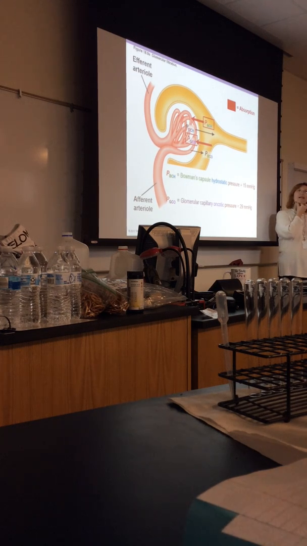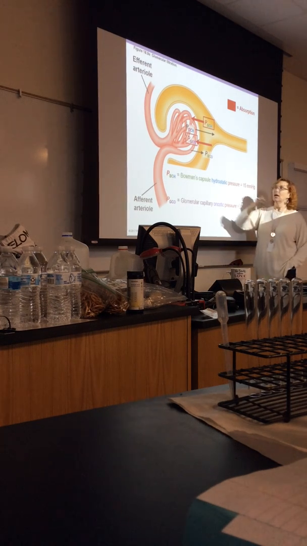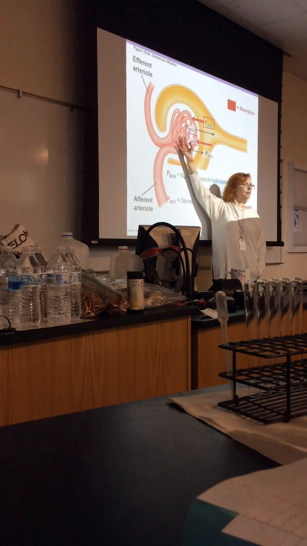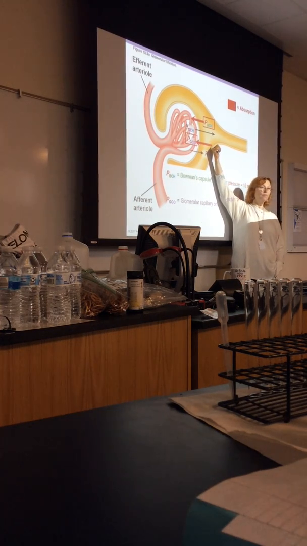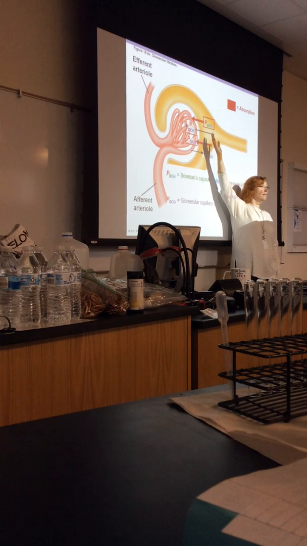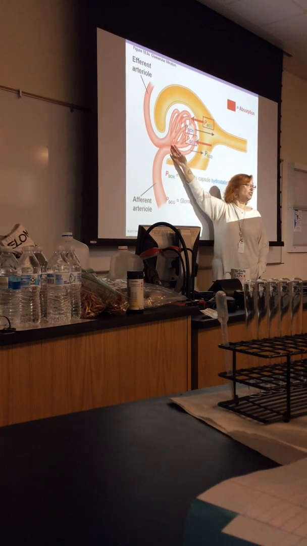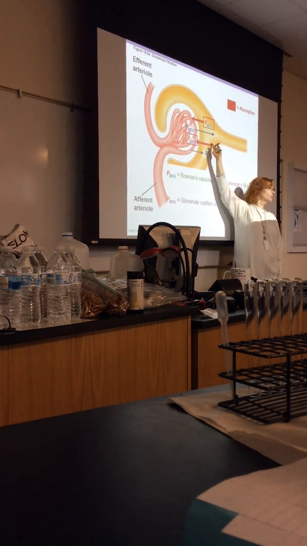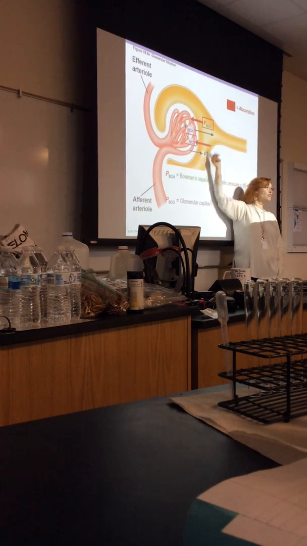Well, all right, I'm a little confused. I need you to teach me. The pressure of fluid in here pushing out is 60, right? All of that pressure that's pushing out goes into here. So why isn't this pressure 60?